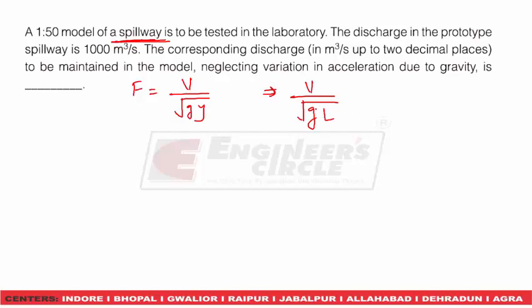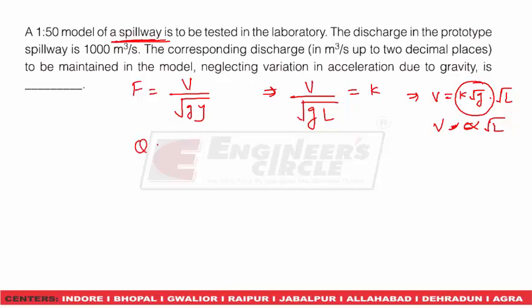And since g is constant, this value is constant, it implies that V equal to K root g into root L. So if this value is constant, we can say V is proportional to root L.